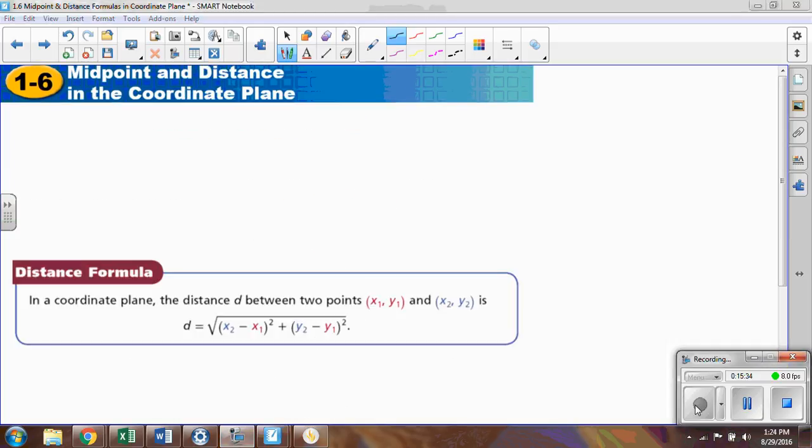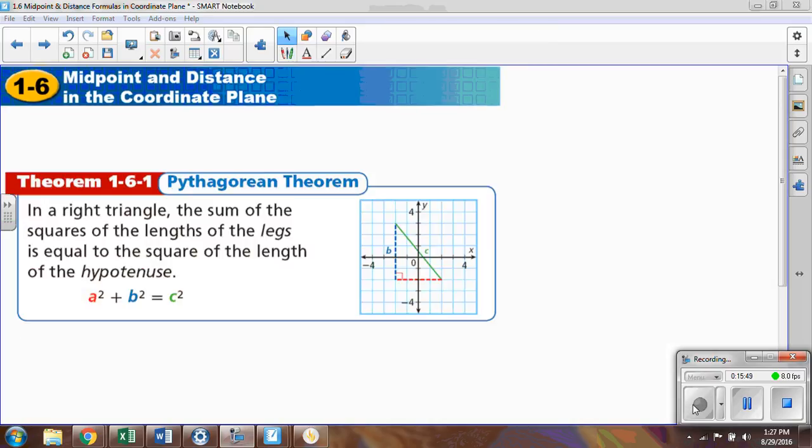The second objective we had today was to be able to calculate the distance in the coordinate plane. And this is the distance formula. I'd recommend that you pause the video and write it down for your notes. Now, we are going to wind up showing that this distance formula, which you just copied down, is actually the Pythagorean theorem.